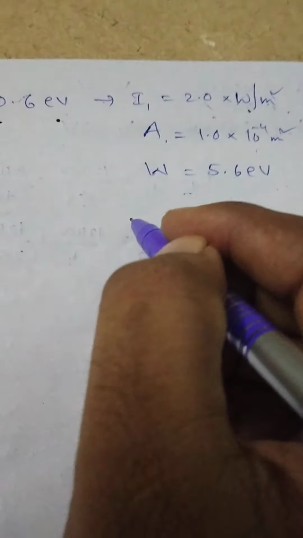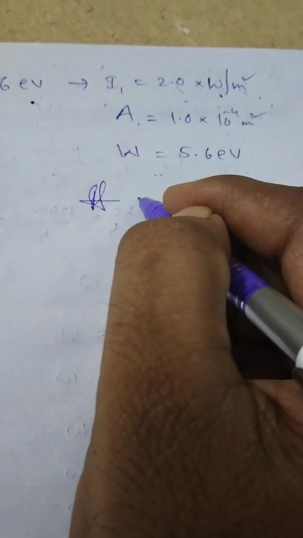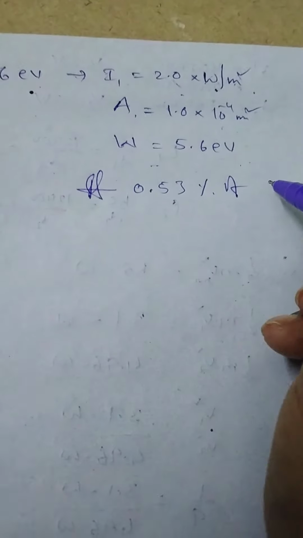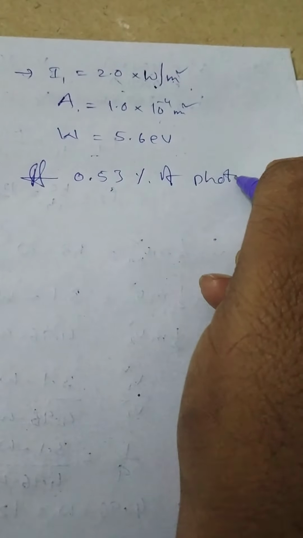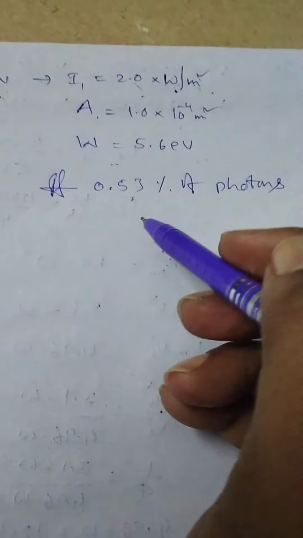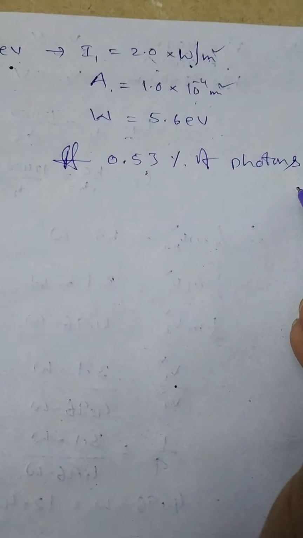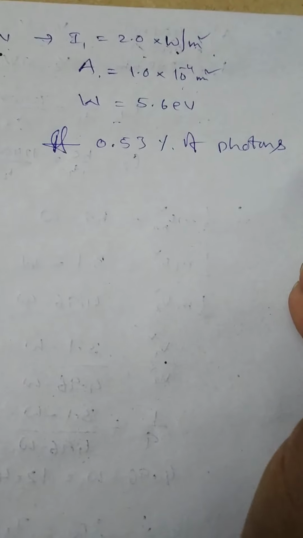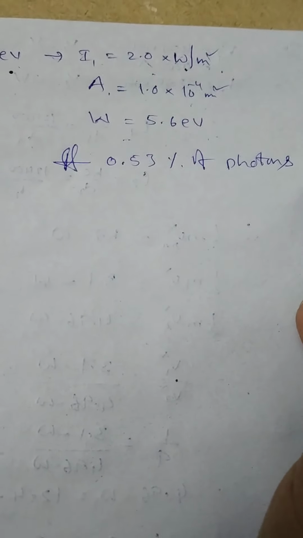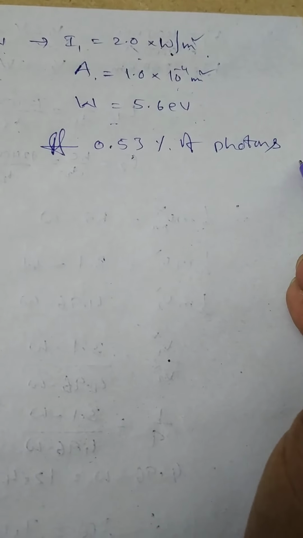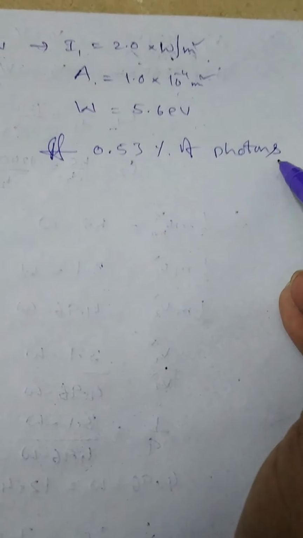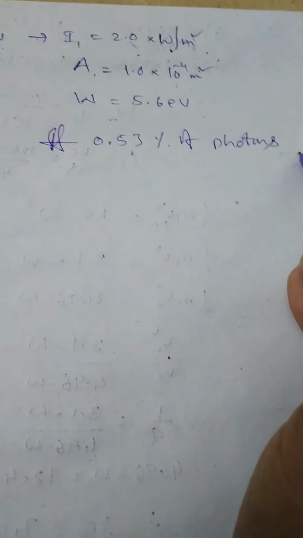Suppose 0.53% of the incident photons emit photoelectrons.